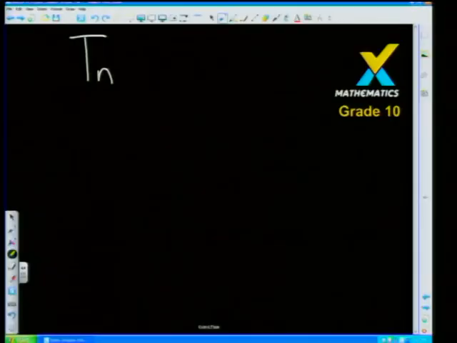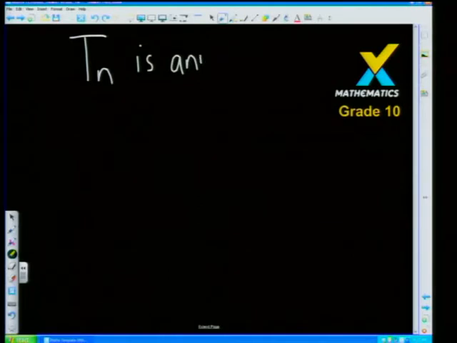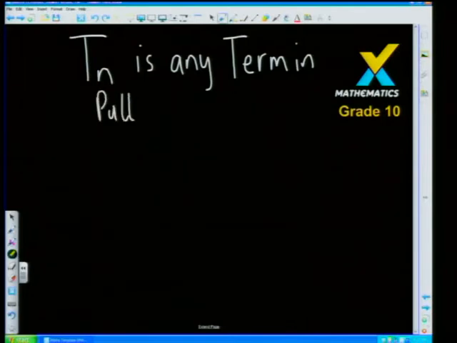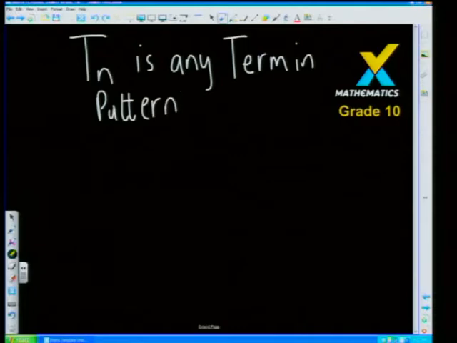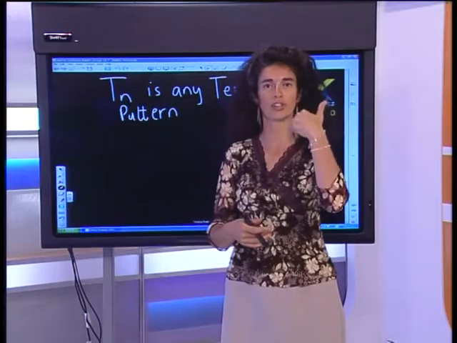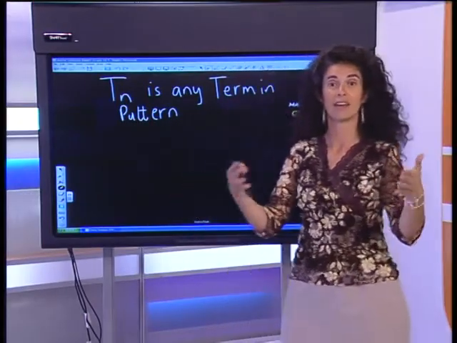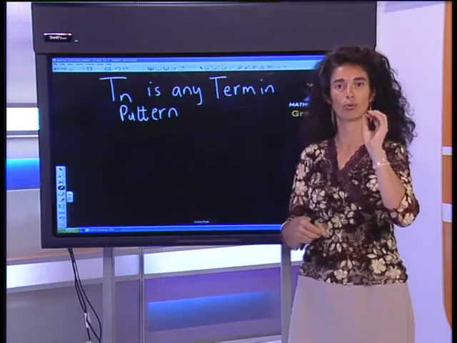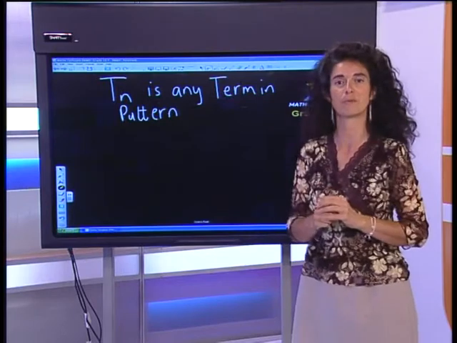Tn is any term. So T stands for the term in the pattern. Okay, so if I'm creating a pattern and you are going to give me a series of numbers, then for me to tell you where I am in that sequence, I'm going to call out or identify that specific term.